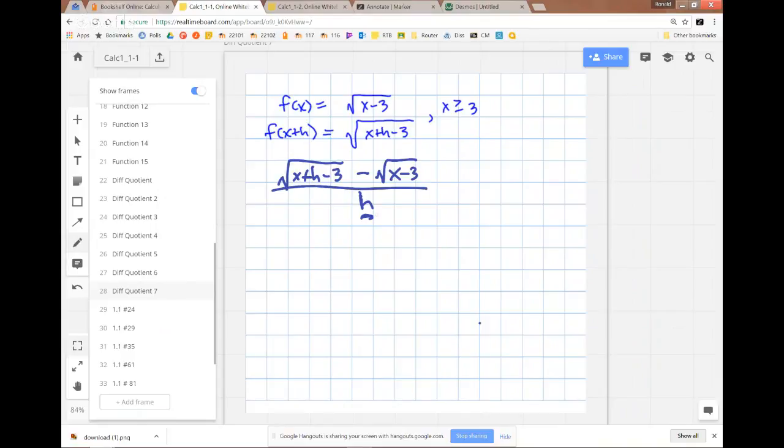So what's the technique we can use? We can try to get rid of those roots on the top by multiplying top and bottom by the conjugate of the top. That is the square root of x plus h minus 3 plus the square root of x minus 3. And of course, we do it on the top. We have to do it on the bottom.